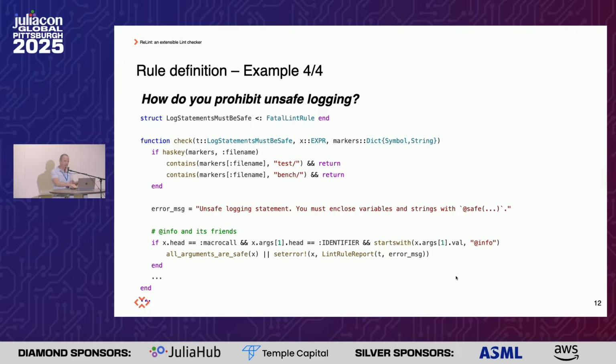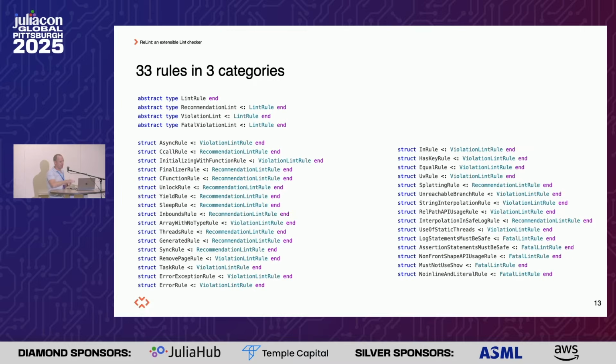So I gave you 4 examples of rules, but we have many more. We have 33 rules today, and those rules are categorized in 3 categories. First, we can have a recommendation rule. It means that if there are instances of that rule, then this will be reported to the person who will review a pull request.